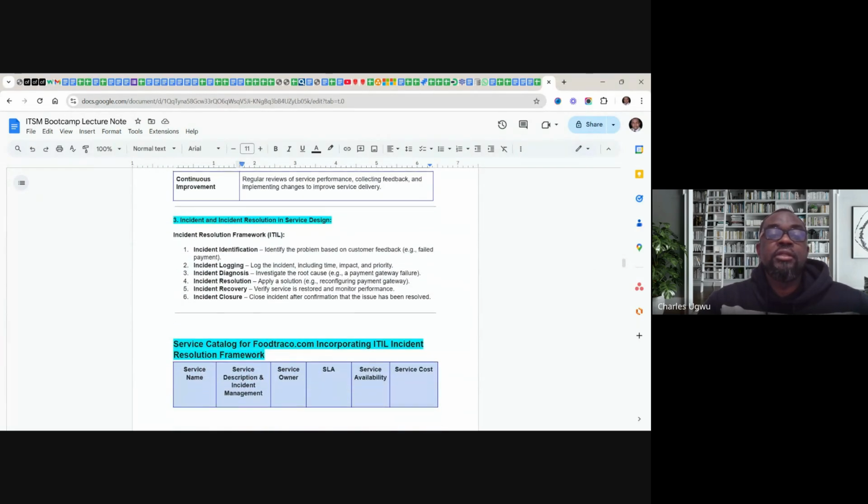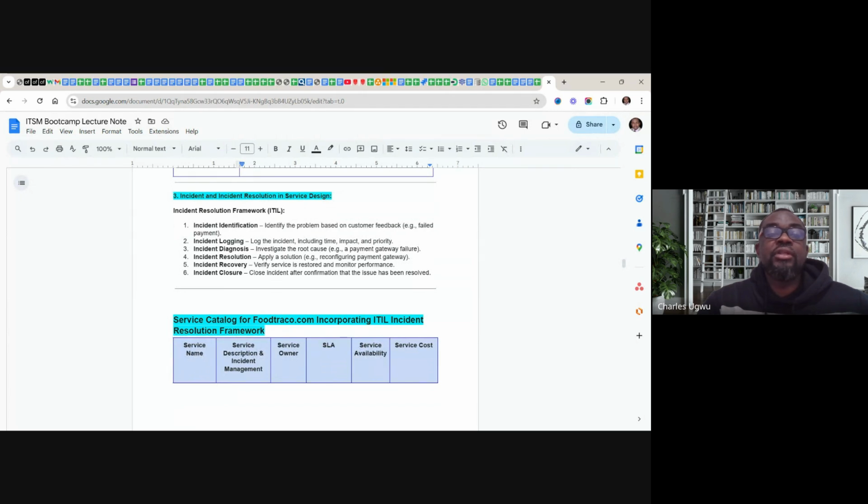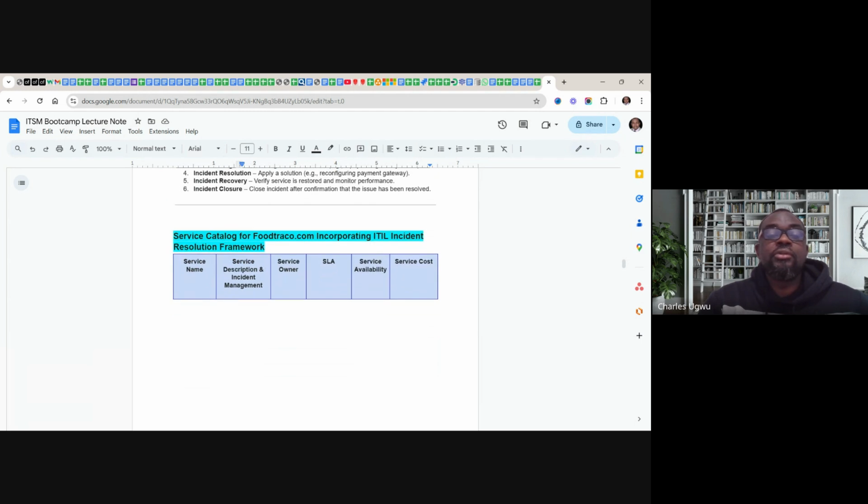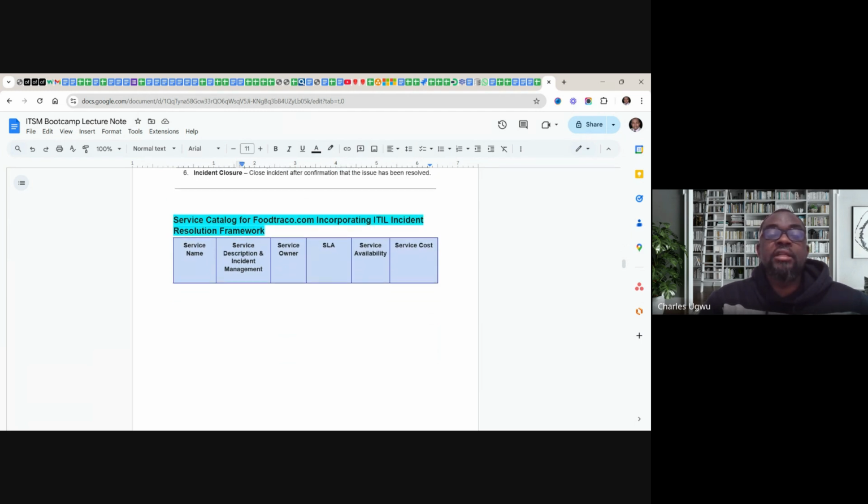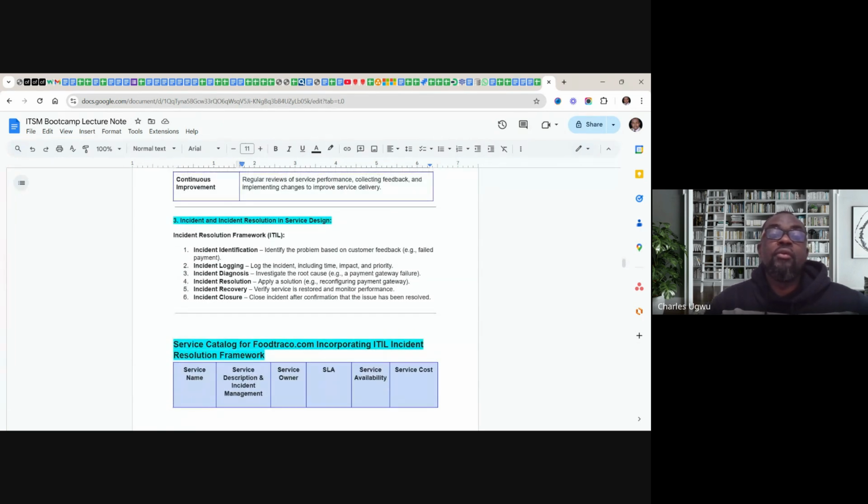In creating the service catalog, we need to put ITIL at the back of our mind in terms of incident resolution. ITIL is the framework, the methodology we're going to use. It is the top, globally accepted methodology. You can call it a framework as well.